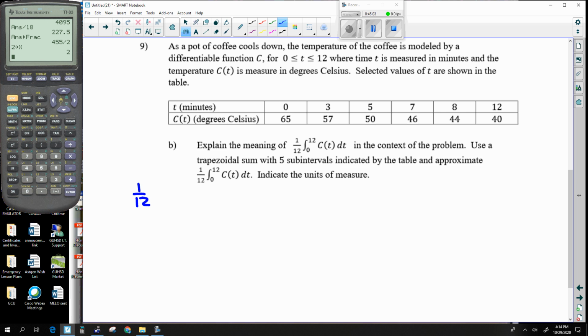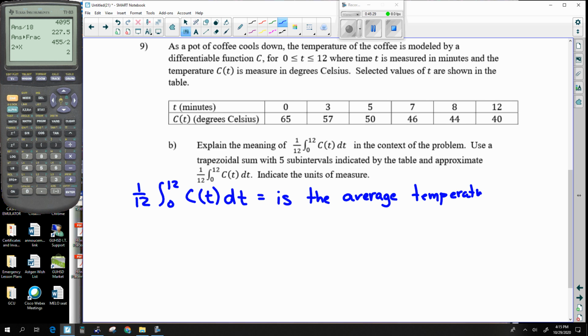So 1 over 12, 0 to 12 C of t dt is the average temperature in degrees Celsius of the coffee from 0 to 12 minutes.